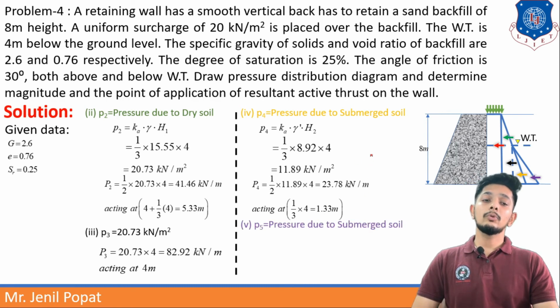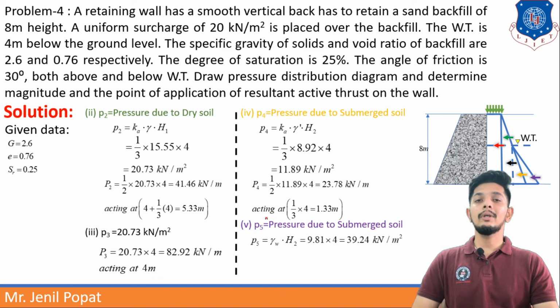Let us move to the last triangle, which is governed by water. Pressure due to submerged soil, but in that, due to water. So P5 will be gamma W into H2. Now gamma W is 9.81, H2 is 4 meter. So pressure due to water will be 39.24 kilonewton per meter square.